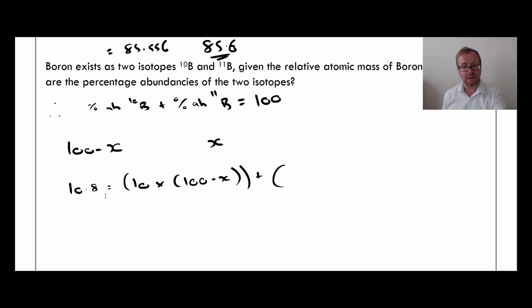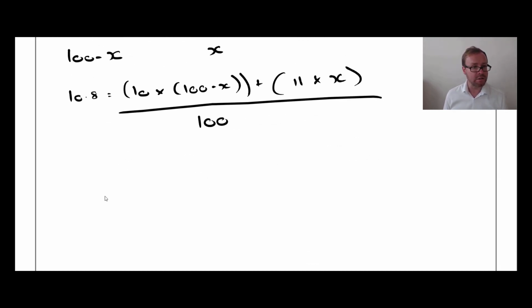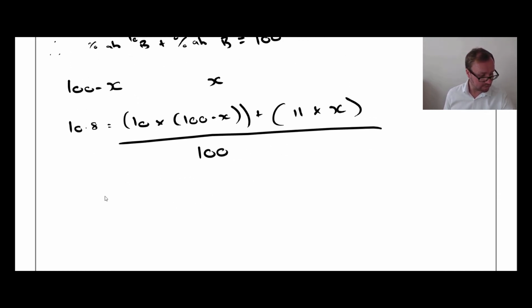Plus, again, my mass of my other isotope, 11, times x, because that will be my other abundance. I'm dividing by 100 because it's a percentage abundance, and then I need to expand these brackets.